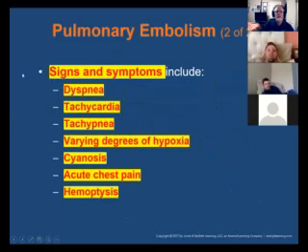Signs and symptoms: dyspnea, tachycardia, tachypnea, varying degrees of hypoxia. That means that SpO2 starts going down, and the PaO2, the partial pressure of arterial oxygen, starts going down.